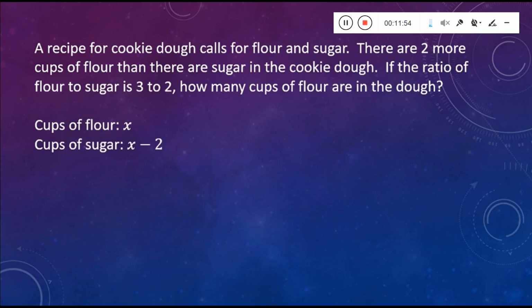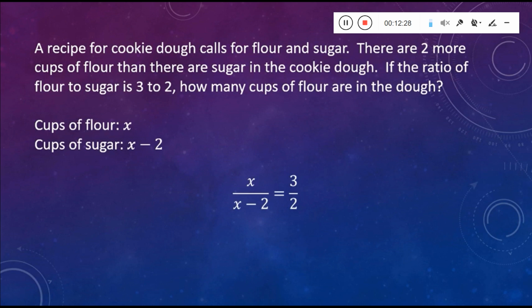Cups of sugar is going to be x minus 2 because flour had 2 more than sugar. And then we are going to use those values, x and x minus 2. We're also going to use the known ratio that we need to have of flour to sugar, which is 3 to 2. So we have actually a rational equation here, but secretly this is a linear equation.